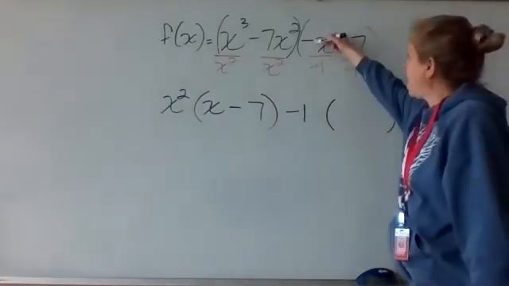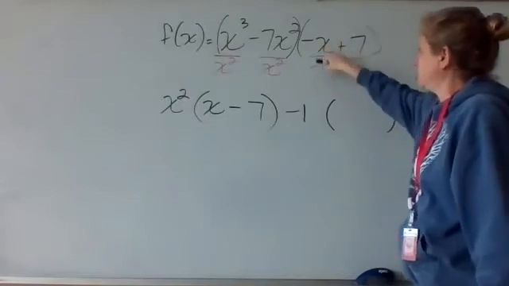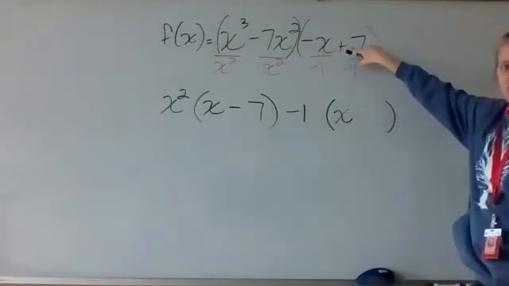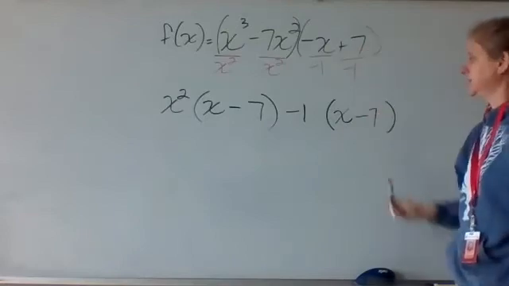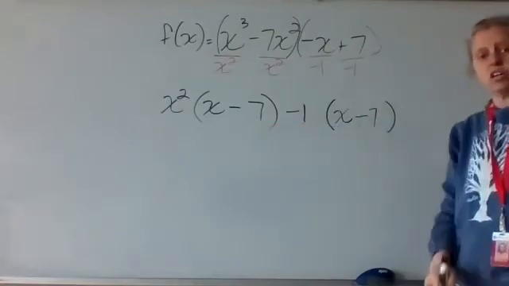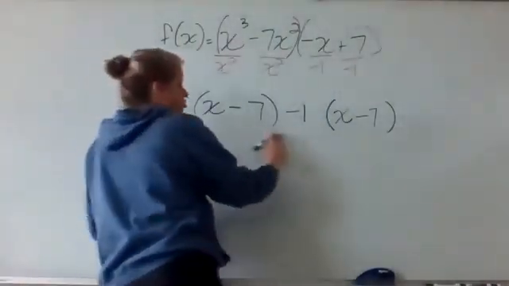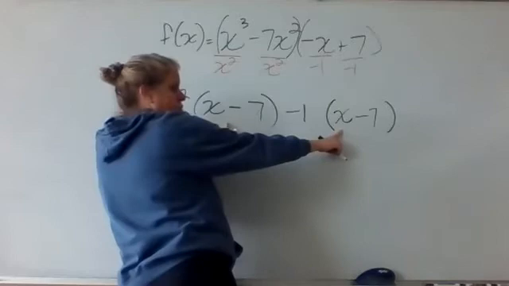So if I'm dividing by -1 here, it's just going to change that sign to +x, and it's going to change this sign to -7. So you'll notice that those are going to be the same. They have to be.